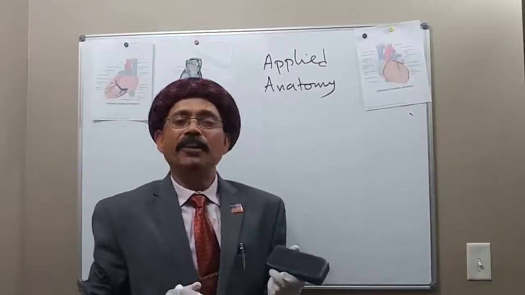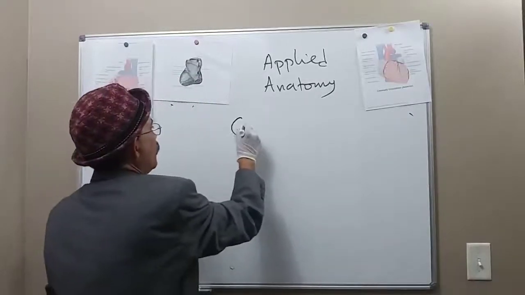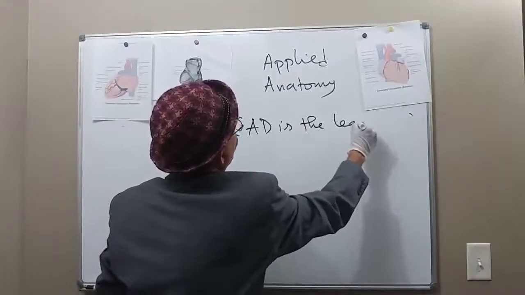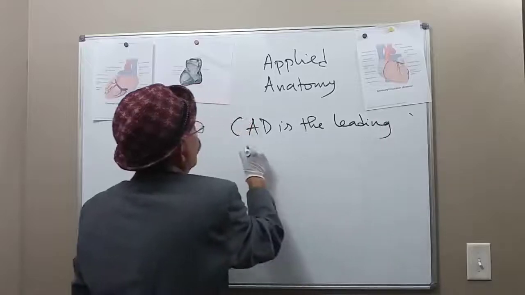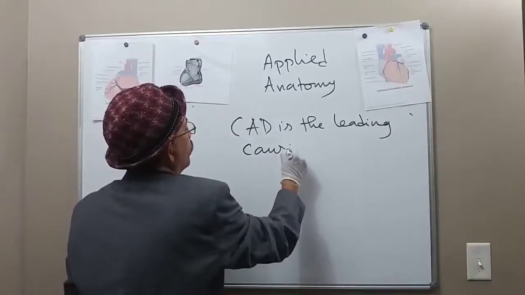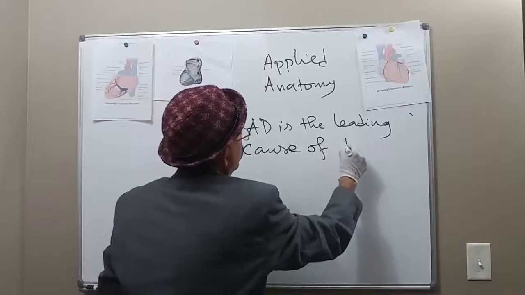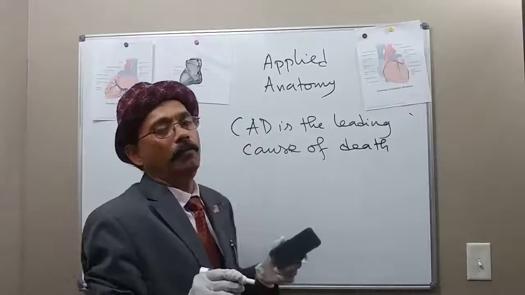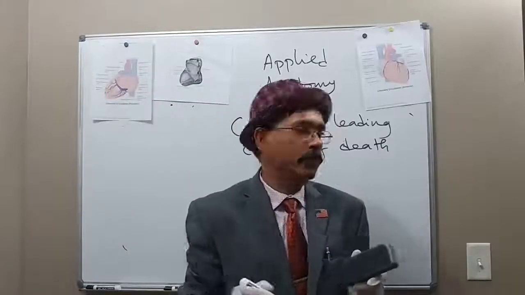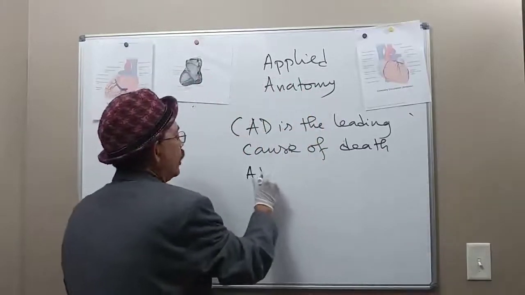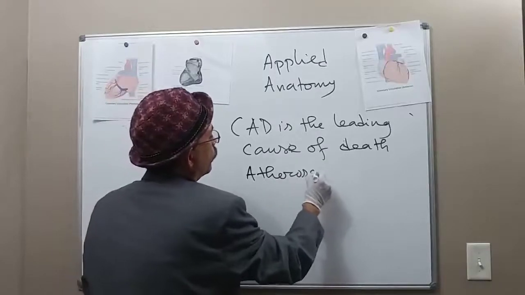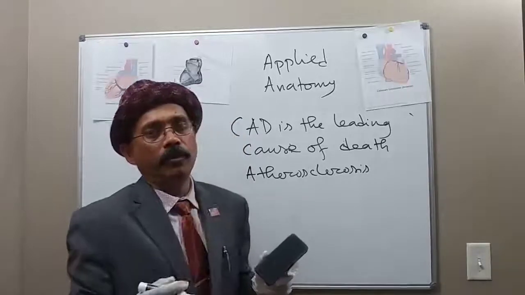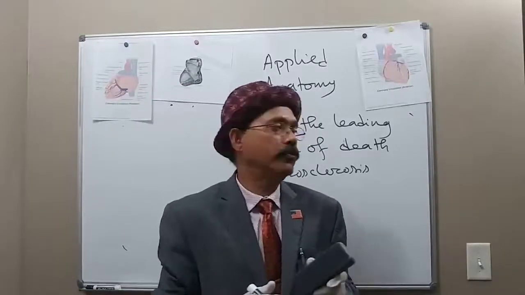Coronary artery disease is the leading cause of death all over the world. We must know that this artery may undergo atherosclerosis: fat deposition and fibrous tissue deposition in the wall of the coronary arteries.